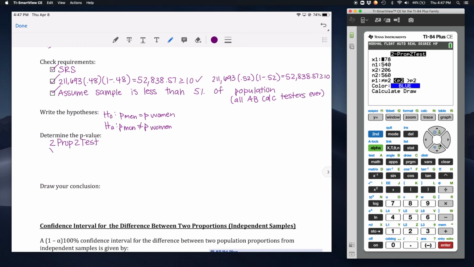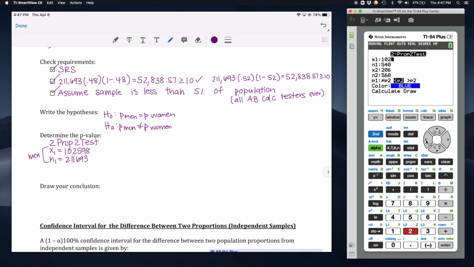Okay, we put men again first, so we're going to have to put all the men number first. So the men numbers are 102,598, and then the 211,693. Okay. 102.